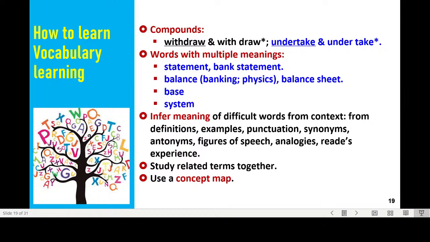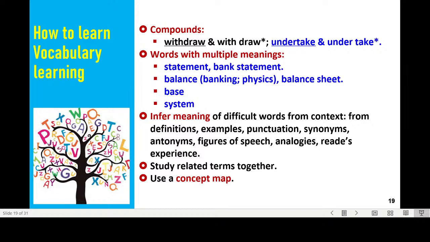When we study vocabulary, in order to remember, we need to put similar words that share something, either structurally or in terms of meaning, together. For example, names of ministries or names of colleges. We can put them together.